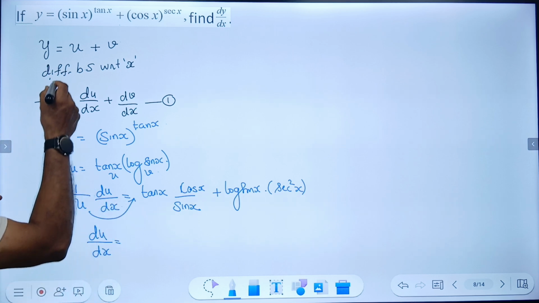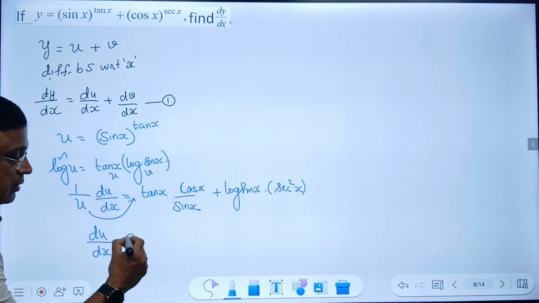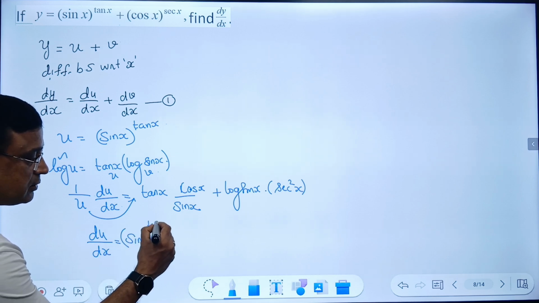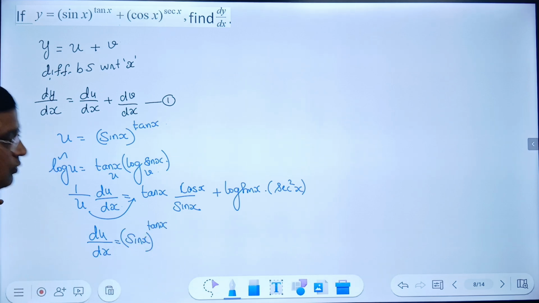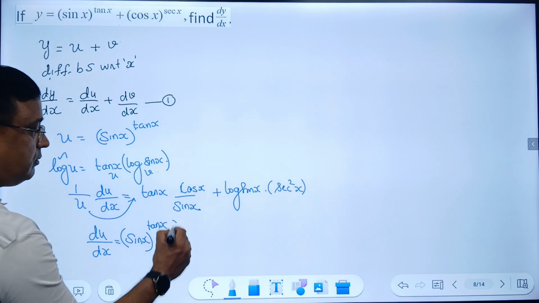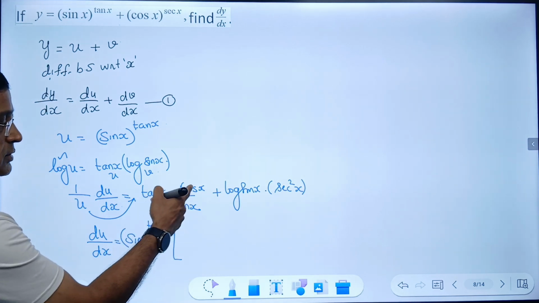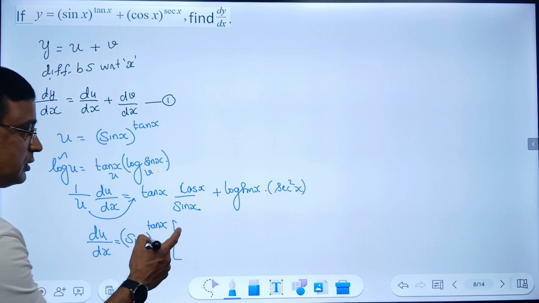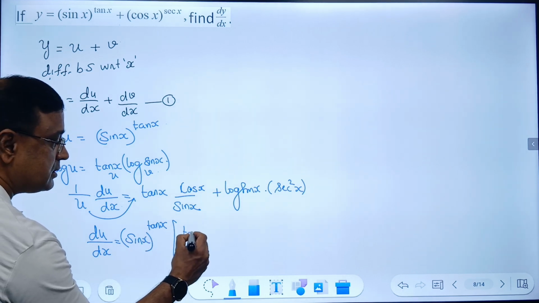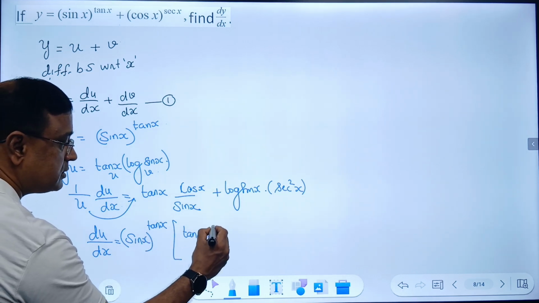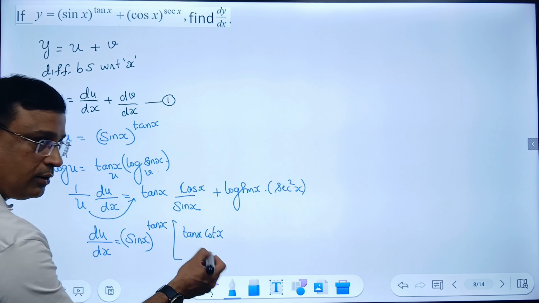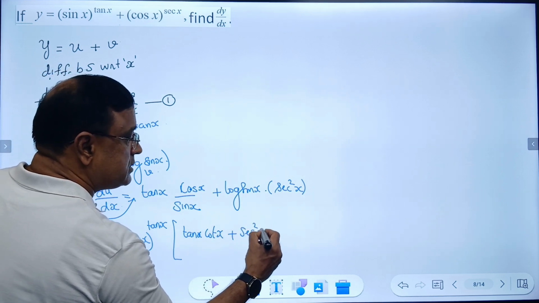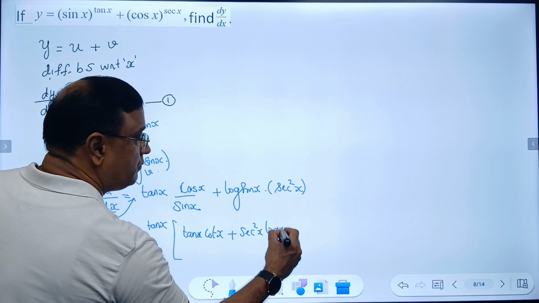What is u? u is nothing but sin x the whole power tan x, into, let me simplify this. This is cos by sin, and cos by sin is cot. So I get tan x into cot x, which is 1, plus secant square x into log of sin x.